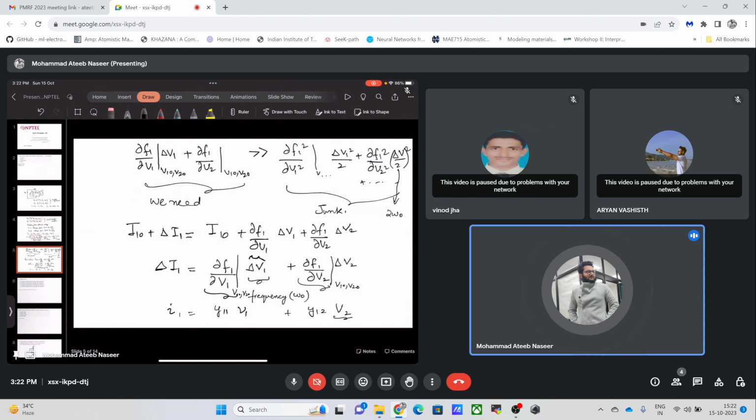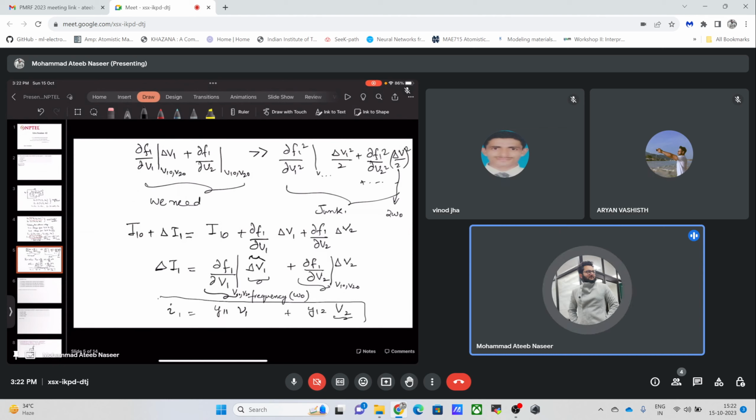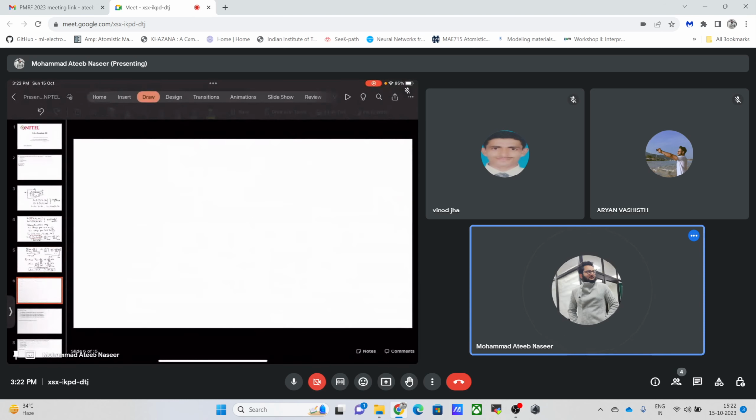This is for I1: I1 is some number y11 multiplied by the small perturbation v1, plus y12, some number multiplied by the small perturbation v2. Similarly, I2, if we try to find it, would be y21 v1 plus y22 v2.